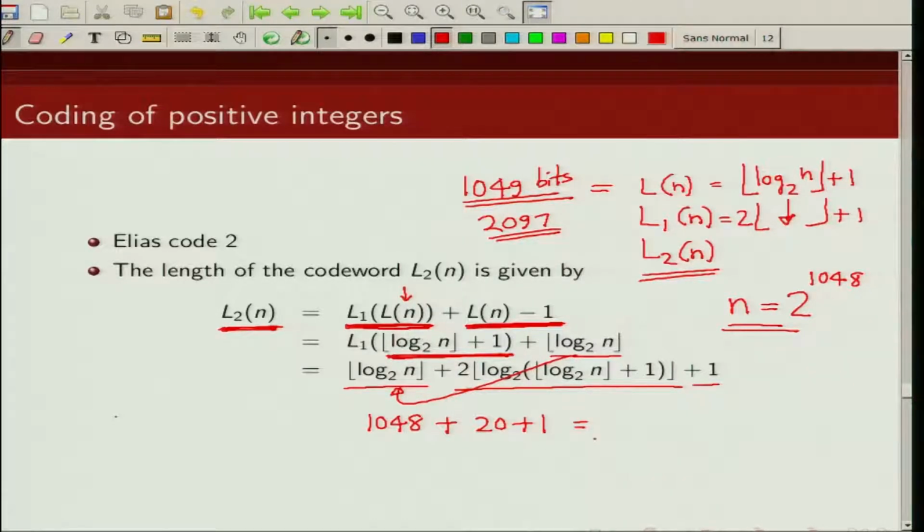So this is coming out to be 1069. So note, this is a prefix free code, but we are requiring a lot fewer bits compared to Elias code 1. Now we can repeat this.